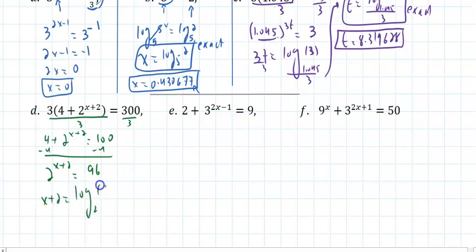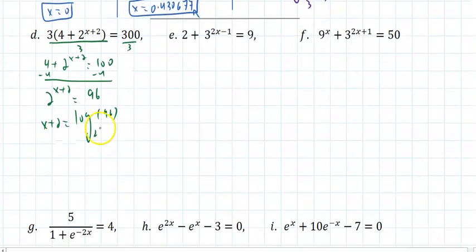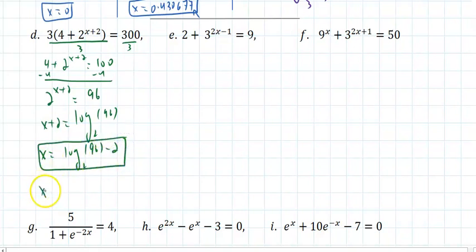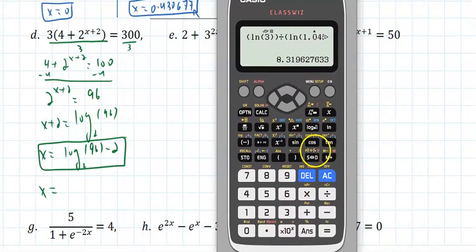Log base 2 of 96. That's the very first lecture on logs, right? That will be section 4.3. And x will equal log base 2 of 96 minus 2. That's the exact answer. In your science courses, they might ask for exact answers or approximations, so I'm learning both.